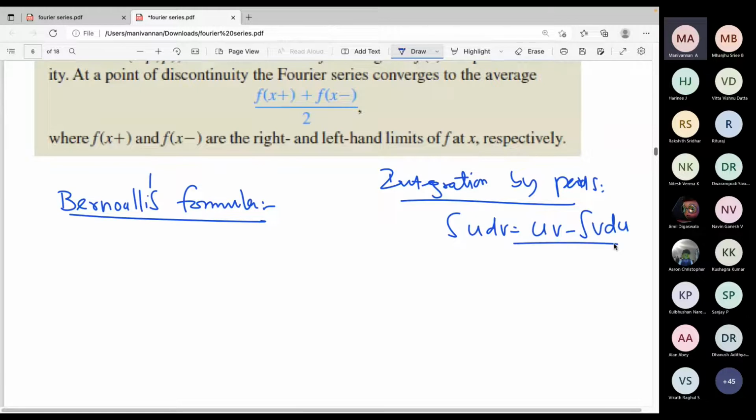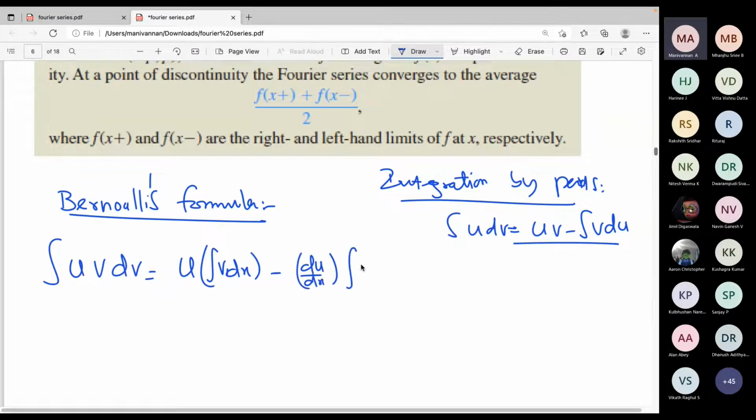Here there is only one function, a function of x, as u, and the other is the derivative of v. But when it is a product of two functions, it is u into the integral of v dx, and then u dash, du by dx, into the integral of that v dx again.